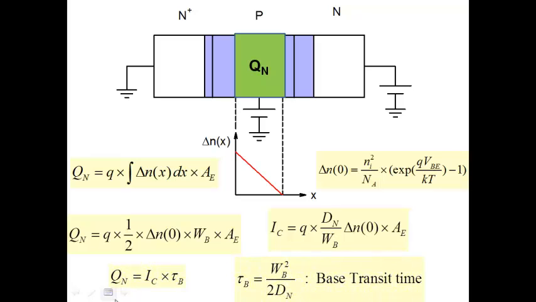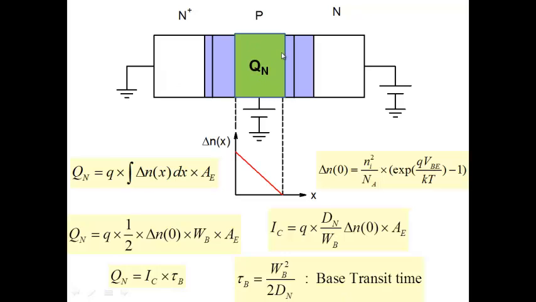I can take the ratio and you see that QN equals IC times tau B. So the charge in this region is linearly related to collector current using a constant tau B, which is WB squared over 2DN. You can verify that this has the units of time, and this is what we call the base transit time.